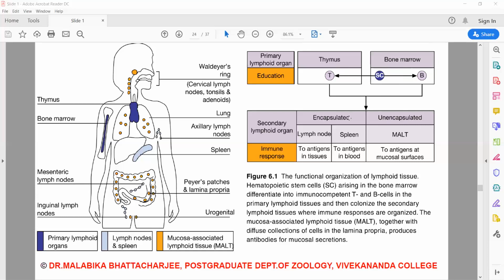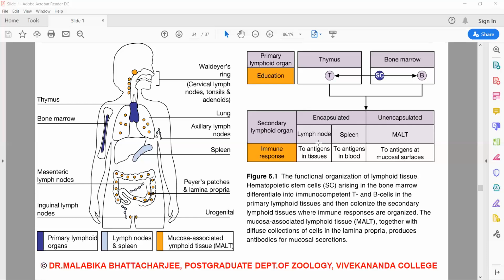The secondary lymphoid organs can again be differentiated into encapsulated, that is, they may have an outer capsule, or they may not have an outer capsule. And as you can see, the definite functions of some secondary lymphoid tissue: the function of the lymph node is to trap antigens of tissue.